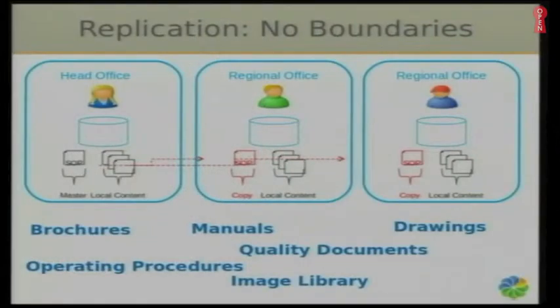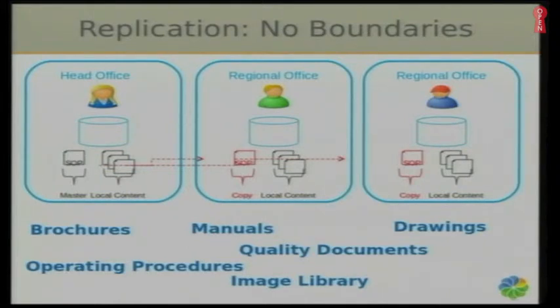But to be able to have local access to the content, but still work in teams, you need to have replication. So Alfresco allows users to replicate content from one system to the other one, where you have local access to the documents, even if the network is not that reliable or fast, and you can collaborate around different documents.